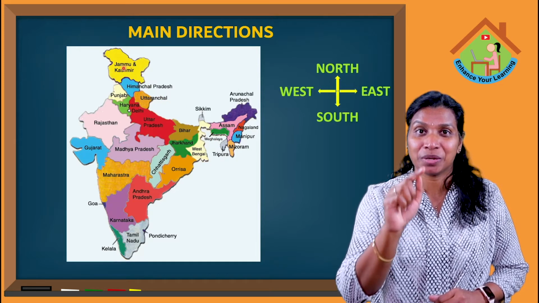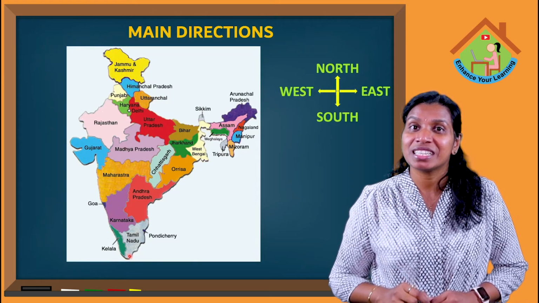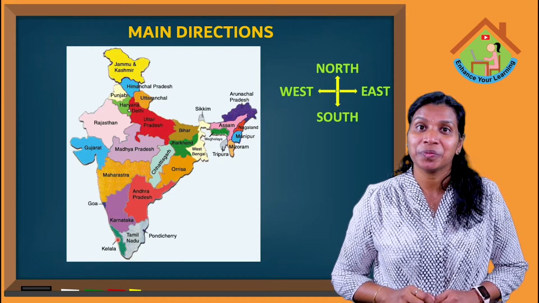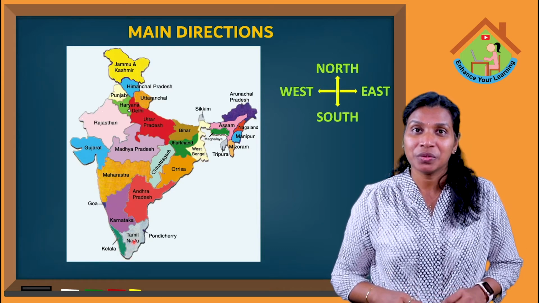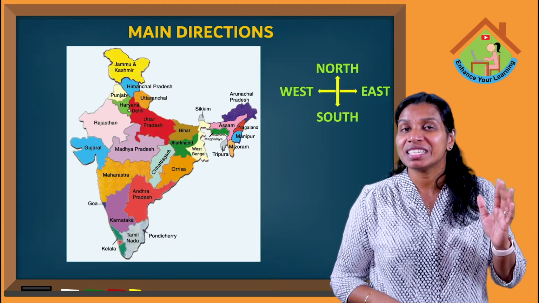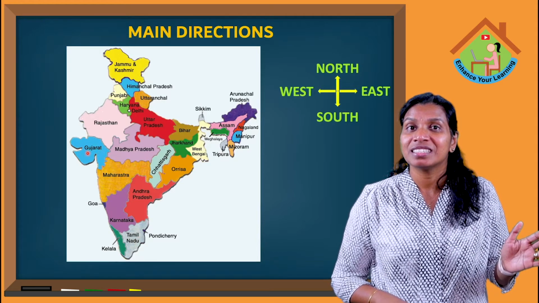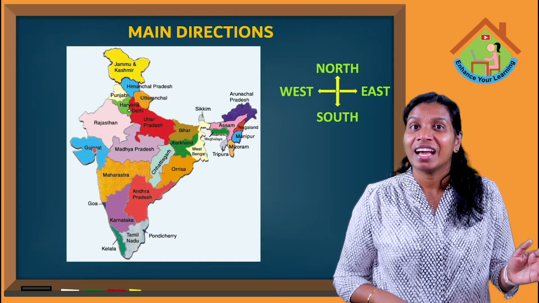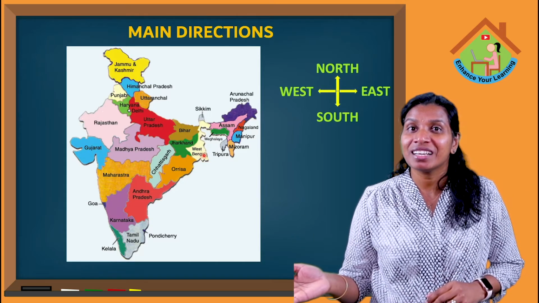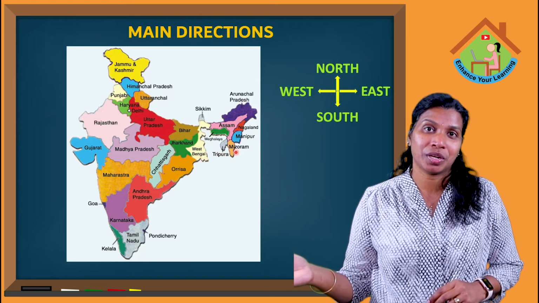Yes, very good, Jammu and Kashmir. And which state is situated in the southern part of India? It is Tamil Nadu and Kerala, right? Which state is situated in the west part of India? Yes, Gujarat. And on the east part of India? Yes, it is West Bengal, Mizoram.